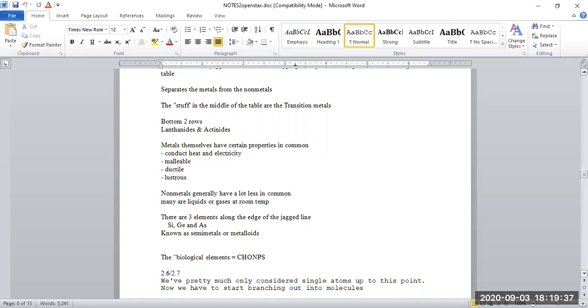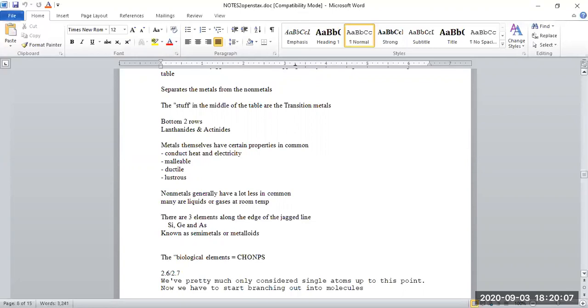So that segment at the bottom, which looks like two stripes, the top stripe is known as the lanthanides, partly because that's the first element of that set. And the bottom stripe there starts with AC for actinium and runs all the way over to LR, which is lawrencium.